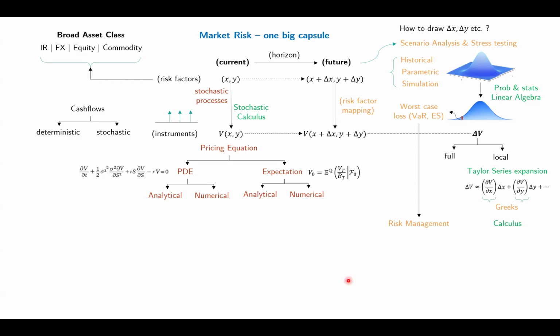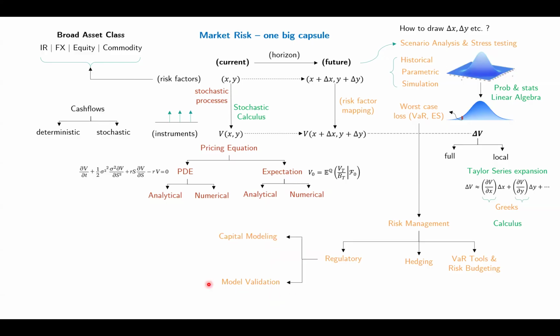Now let's talk a little bit about regulatory. Within regulatory, there are again two main topics. One is capital modeling. Capital modeling basically focuses on the worst case scenario. Using value at risk or expected shortfall, you arrive at a worst case scenario. That is how much capital you need to keep. So that's capital modeling. And then model validation. This is also big.